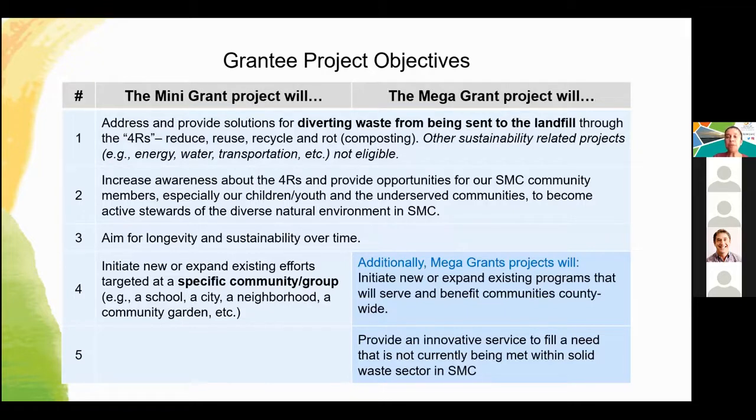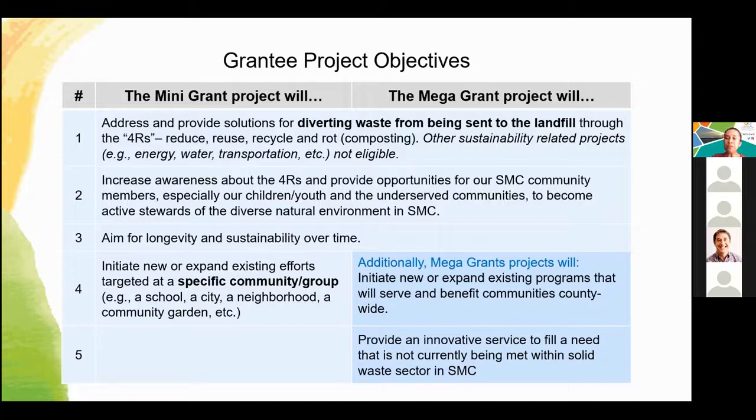Both mini and mega grant proposals must aim to increase awareness about the 4Rs and provide opportunities for San Mateo community members, especially children, youth, and underserved communities, to become active stewards of our local environment. Projects should aim for longevity and sustainability over time.